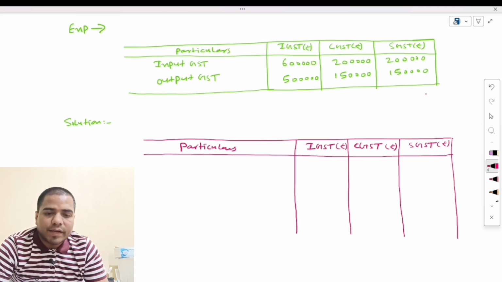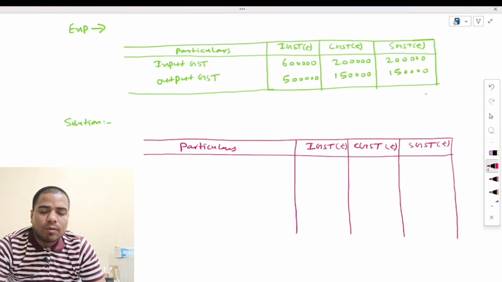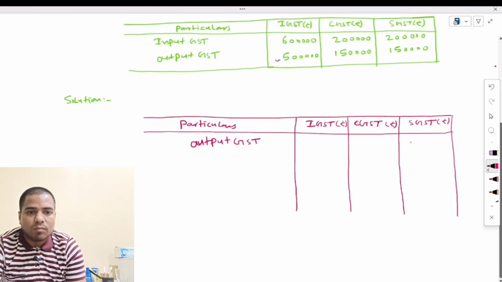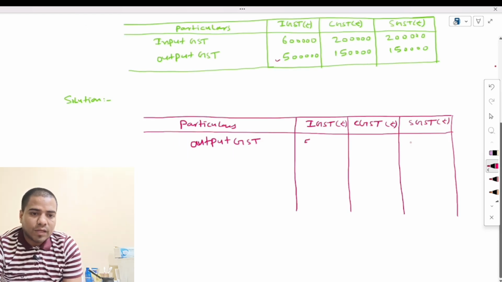The output GST balance is how much? 5 lakh IGST, then 1 lakh 50,000 CGST and 1 lakh 50,000 SGST.